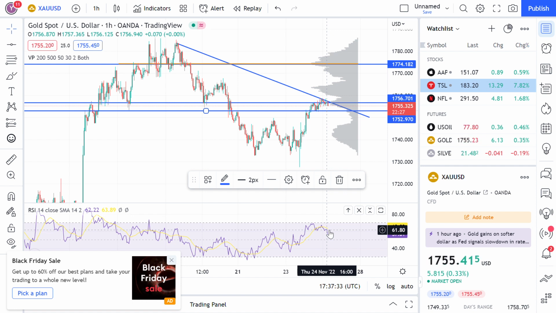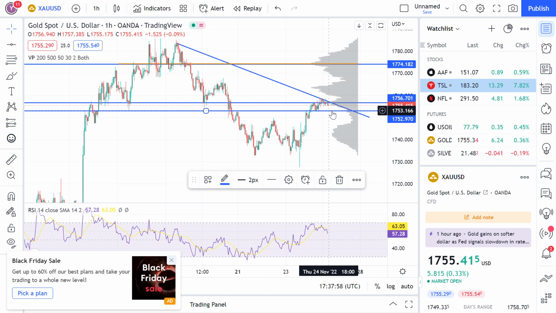So looking at this situation, the market is getting overbought at this level, and it can correct down till its 40s level, which can be around 1748, as well as a minor support at 1753.